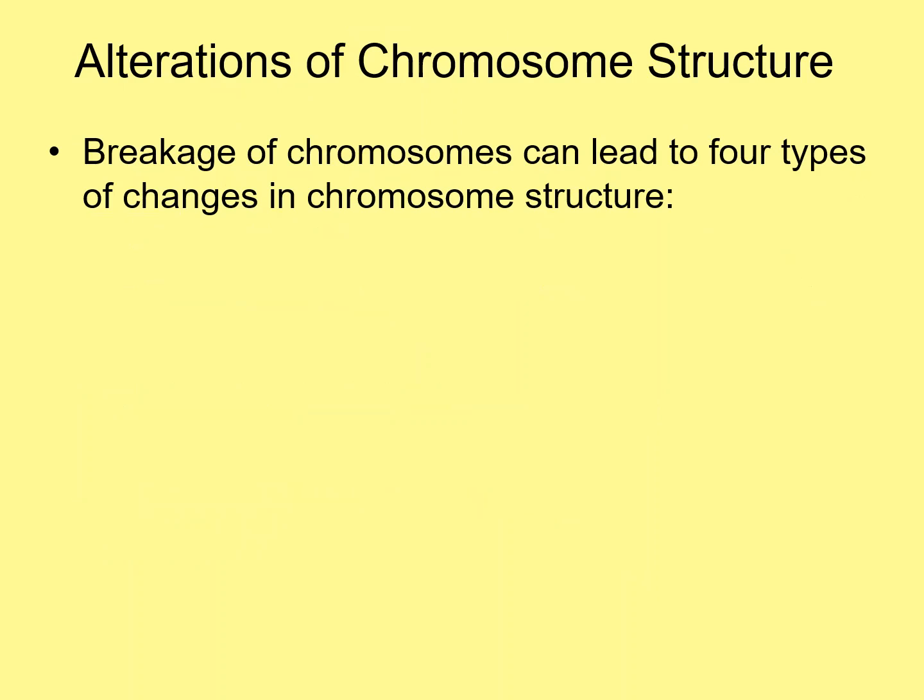Okay, and finally, I mentioned we were talking about errors in chromosomes with regard to non-disjunction during meiosis, but also other kinds of errors such as broken chromosomes.